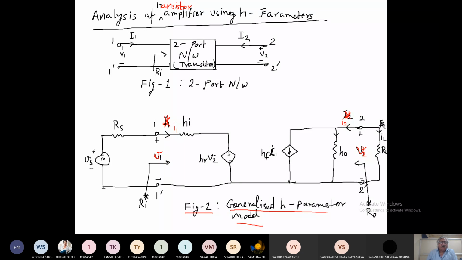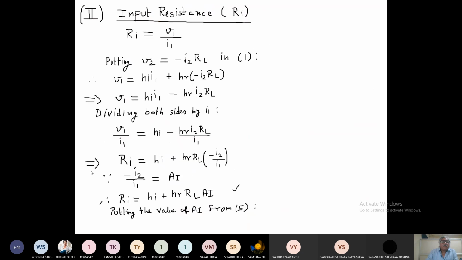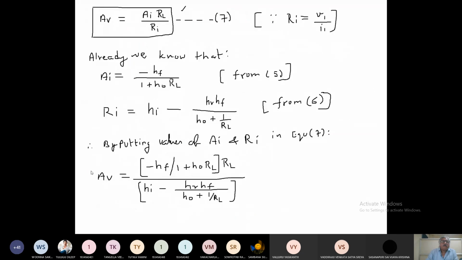So when you calculate the output resistance, you replace this independent voltage source by a short circuit, right? Then you find out.